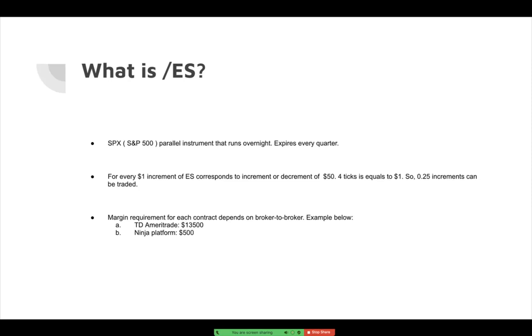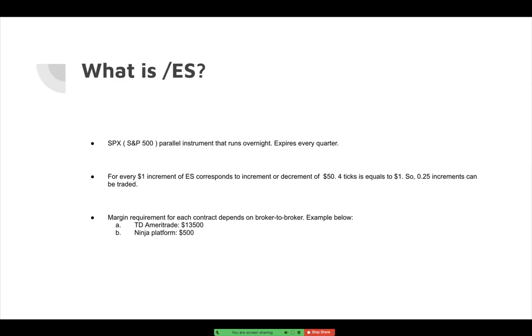So where do you trade these ES futures? Different brokerages have different margin requirements. For example, TD Ameritrade needs $13,500 in your account in order to trade one ES contract, and the Ninja platform has a $500 margin requirement.